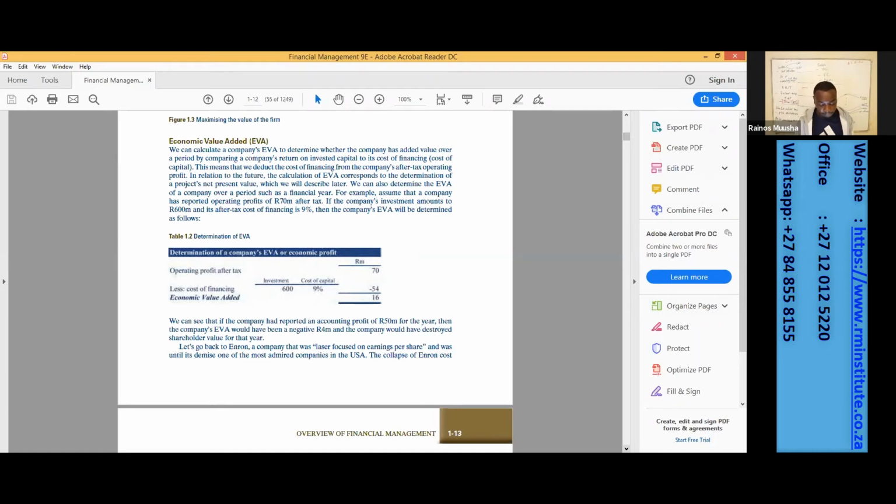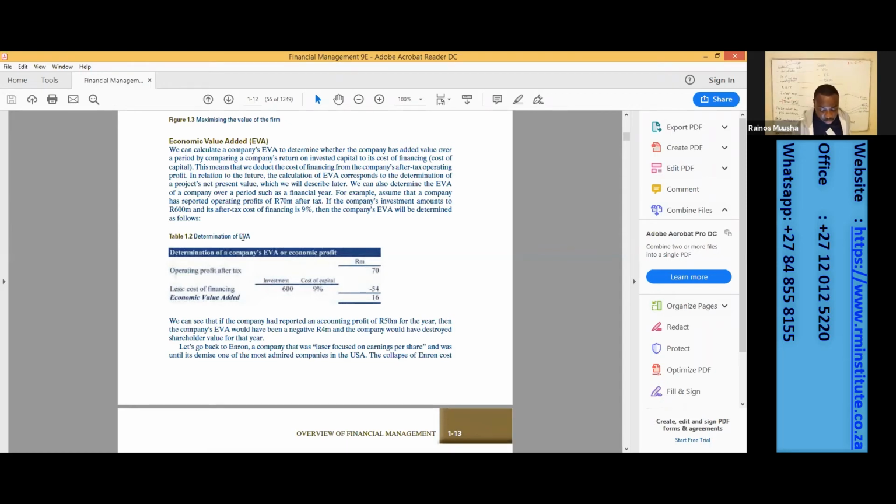Remember we said that we know the goal of the firm is to maximize shareholders' wealth, but we cannot be pursuing profitability as the goal of the firm. So we need to pursue maximization of shareholders' wealth. So how do you judge or calculate this maximization of shareholders' wealth?